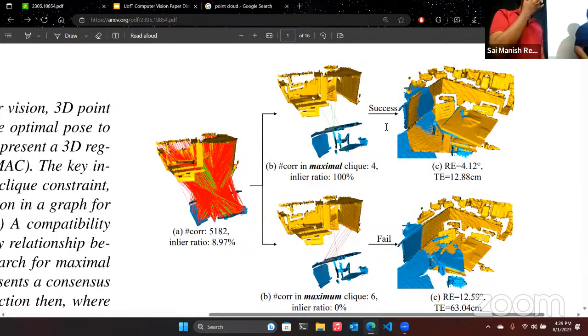So I think this would be one input point cloud and this would be another point cloud. And what we're trying to register is to combine them, or use the corresponding points to come up with a final registration.